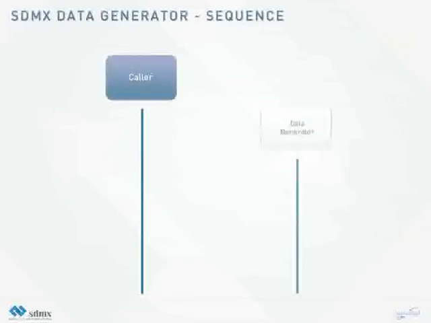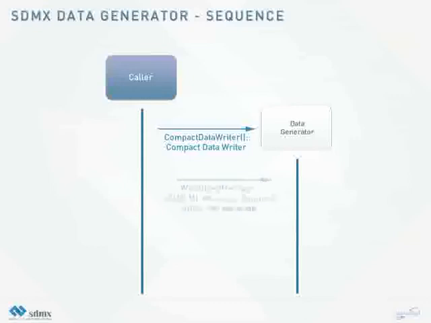This sequence describes the generation of an SDMX ML dataset in compact data format. First, the caller initiates a data generator instance using the method compact data writer without parameters.